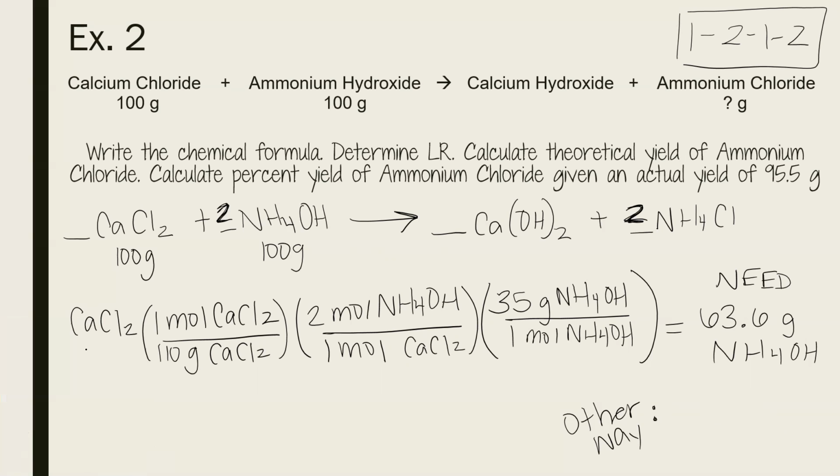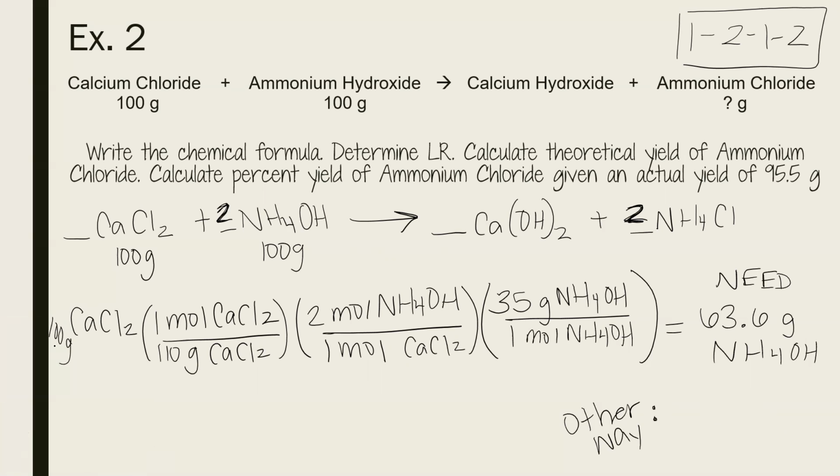Let me run this through my calculator. And remember, guys, you only have to do that one way for limiting and excess, unless you want to check yourself. I also didn't put my number out here. How dare I? 100 grams. And I like 2 decimals. So when you're rounding, just give me 2.